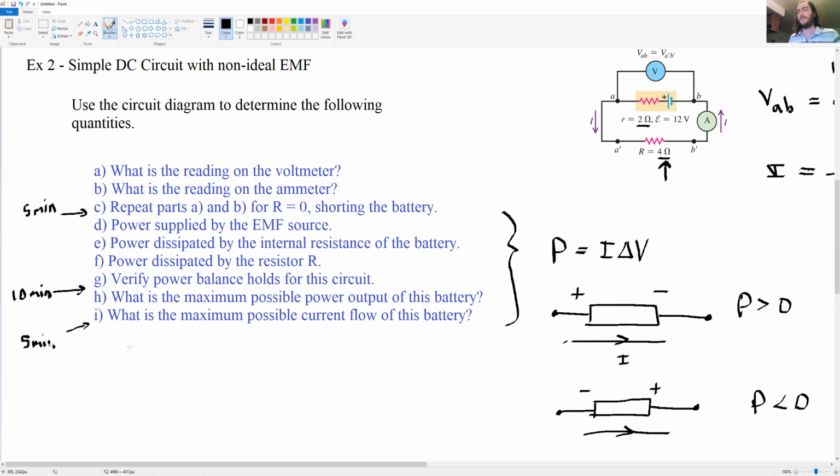Well, the maximum power output for the battery is going to be when the current flow through that battery is a maximum.